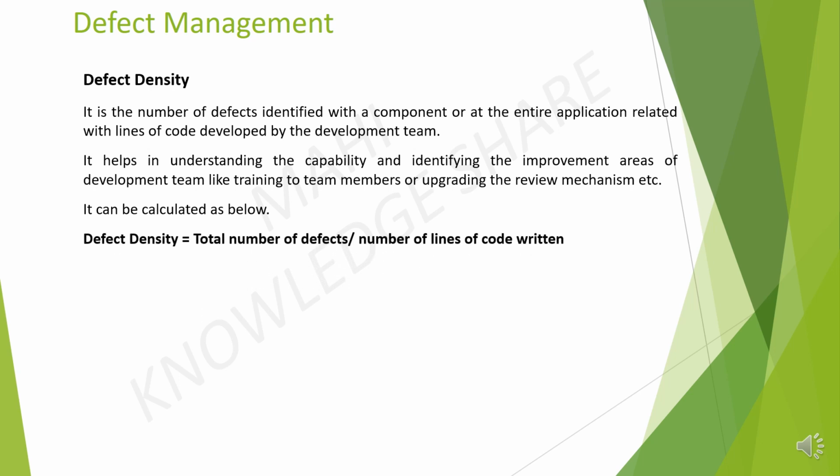Defect density equals total number of defects divided by number of lines of code written. For example, total number of defects identified is 10 and total number of lines of code is 10,000, then the defect density is 0.001.